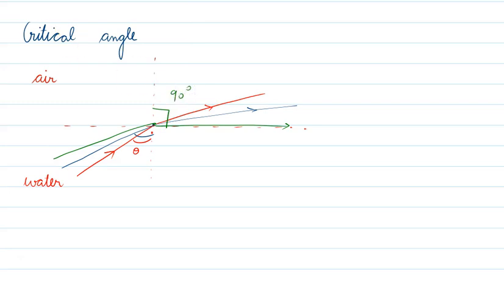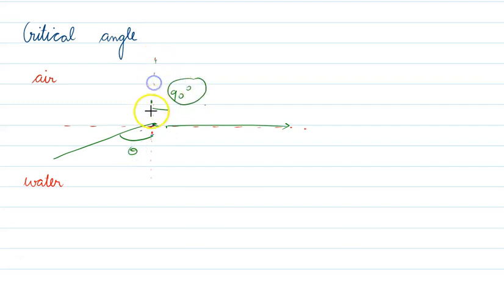So this angle of incidence, let me remove these two lines now. This angle of incidence at which the refracted ray makes an angle of 90 degree with the normal is called as critical angle. So this angle is the critical angle.